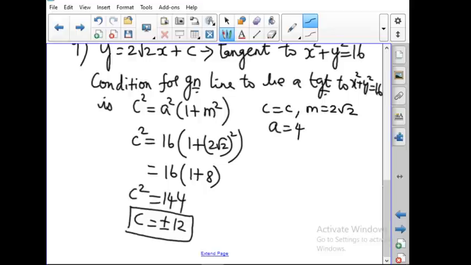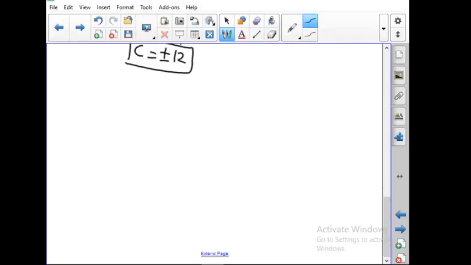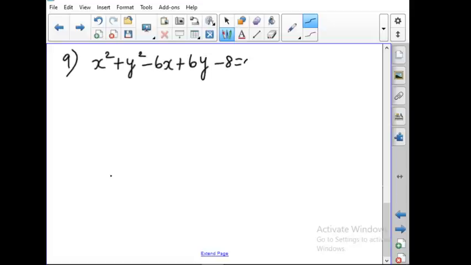Now let us go to the next problem. Find the equation of the tangent and normal to the circle x square plus y square minus 6x plus 6y minus 8 equal to 0 at the given point (2, 2).